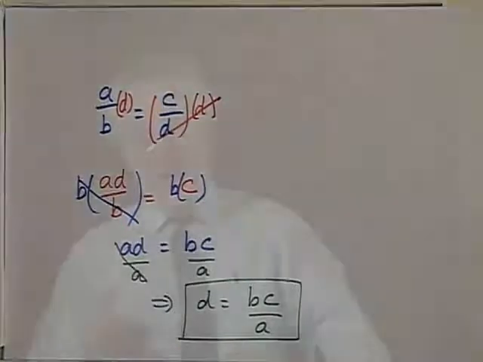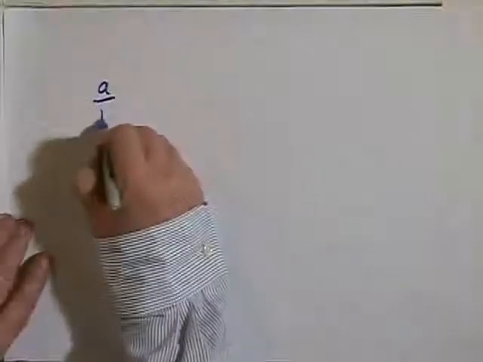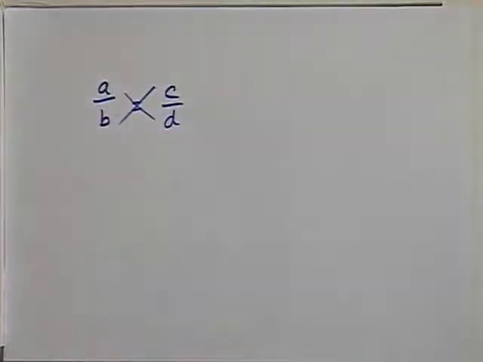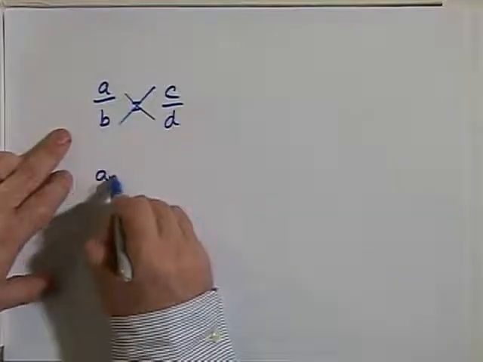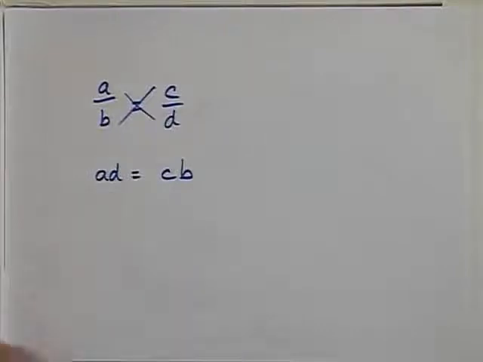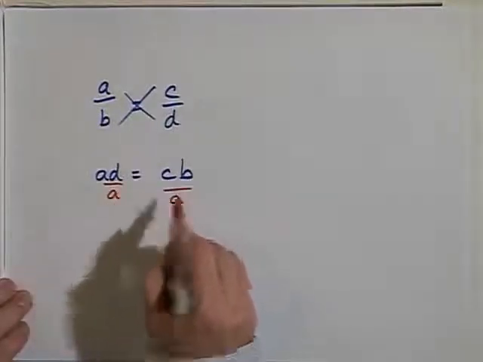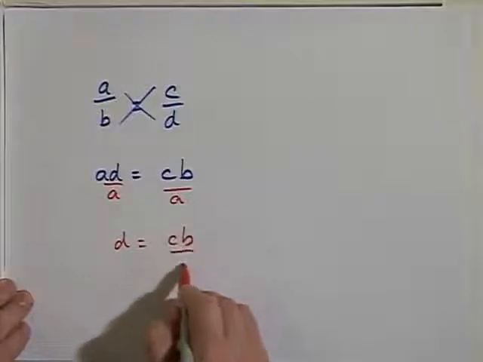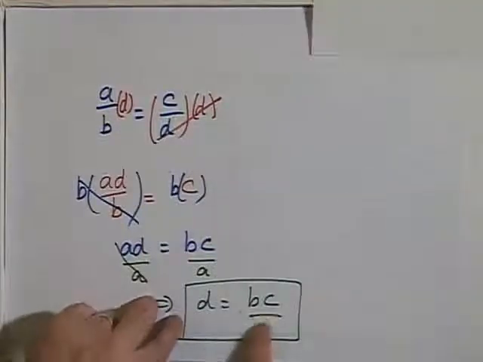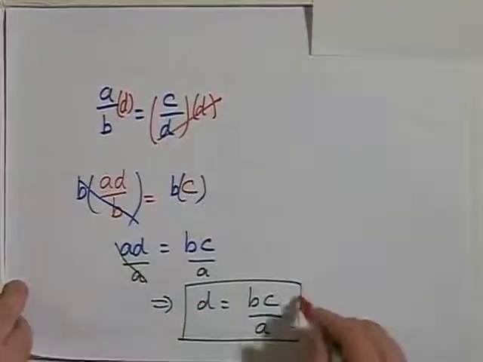Is that okay? Now I did that reasonably slowly. A number of you would have taken a much quicker step that you've learned a long time ago. A over B is C over D, and you would have cross-multiplied in some way. And you would have said A times D is C times B. And if you were looking for D, you'd have divided by A, and you'd have got D is equal to CB over A. D is equal to CB or BC over A, the same answer.